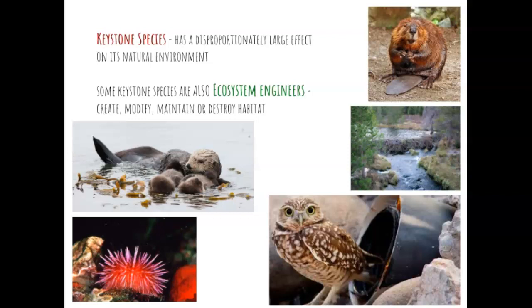So an example of this would be beavers. So beavers take sticks and logs and things, and they create dams within rivers. The dams create sort of a moat around their dens, which are called lodges, and so it makes a protection for the beavers and their home where they live.